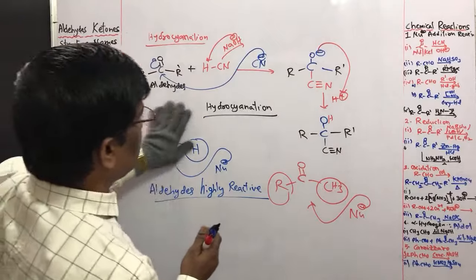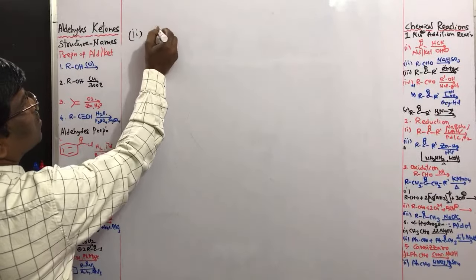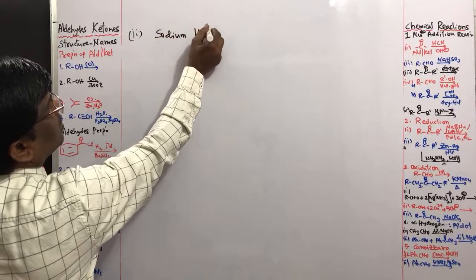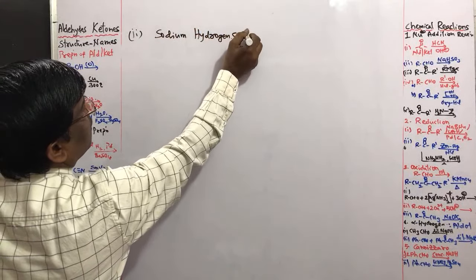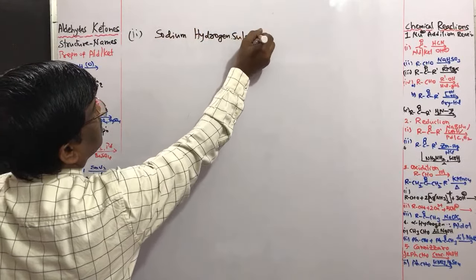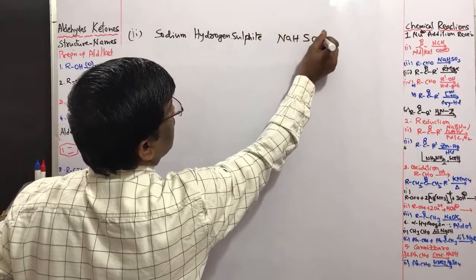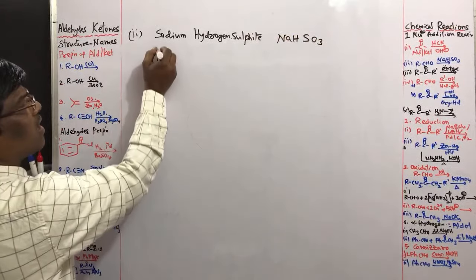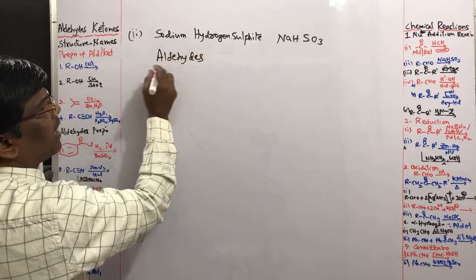And next is a very specific reaction, students, addition of sodium hydrogen sulfite, NaHSO3. So in this method aldehydes are going to be reacted and aldehydes are going to be purified.